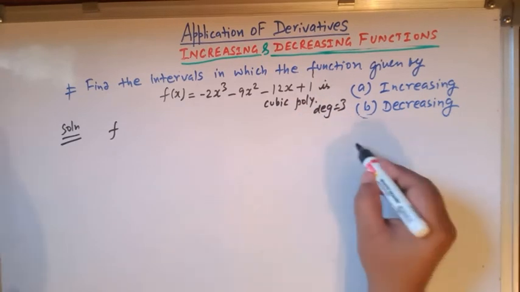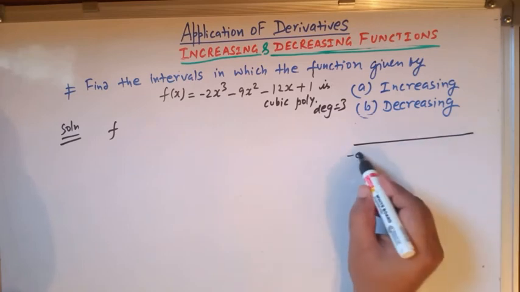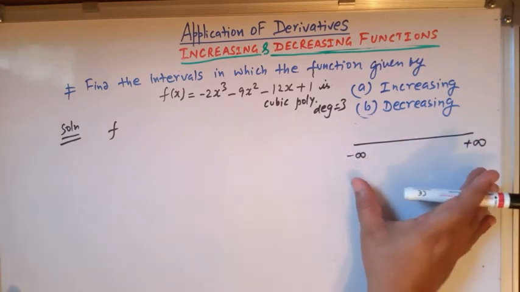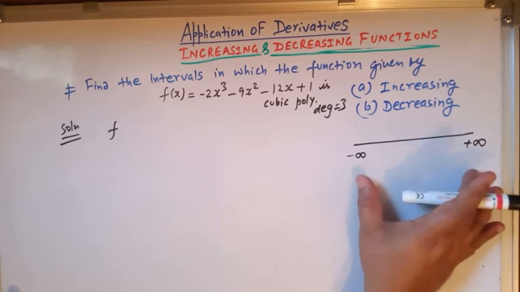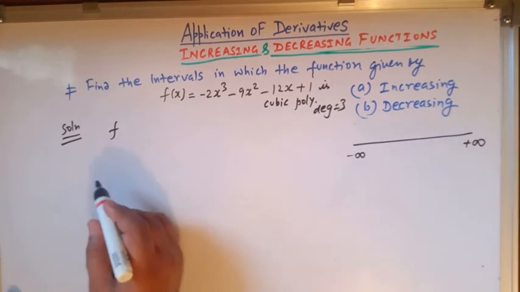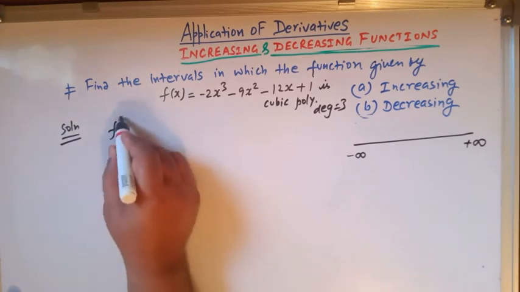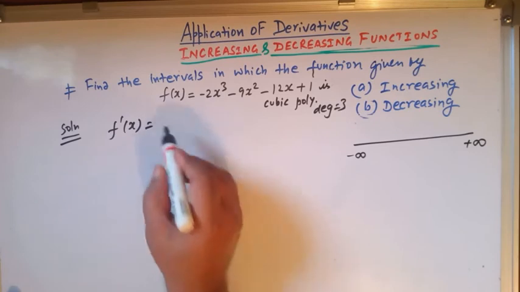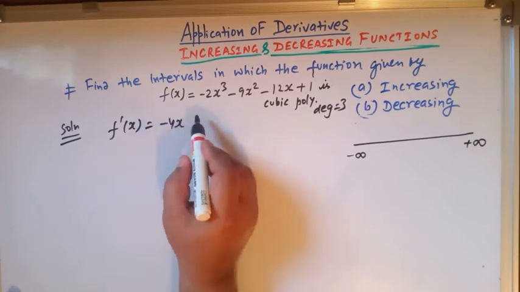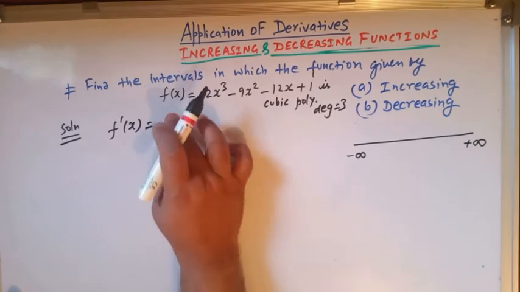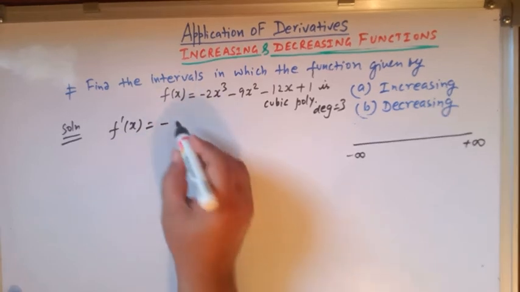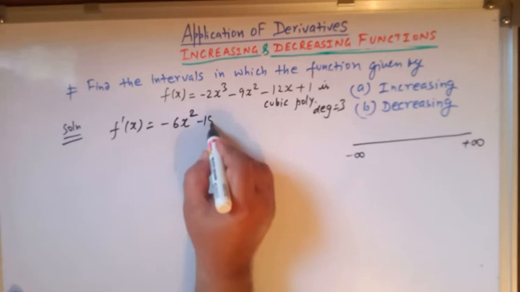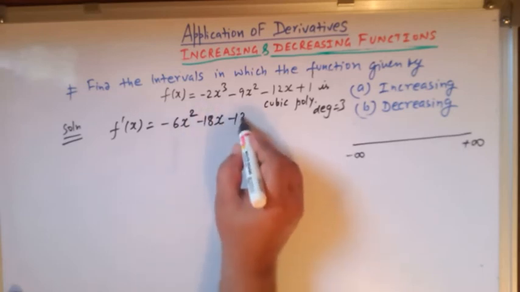Clear? Now here let us draw the number line, because we will require this number line in our later discussion. And then this is the derivative. Find the derivative of f. So this is minus 6x square minus 18x minus 12.